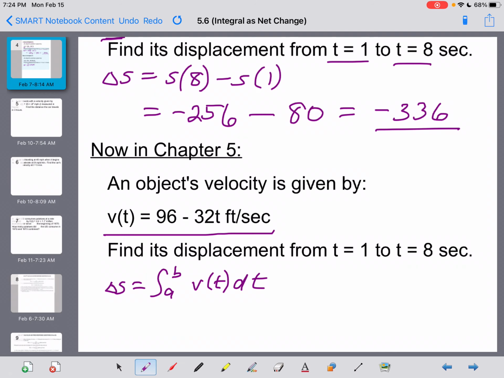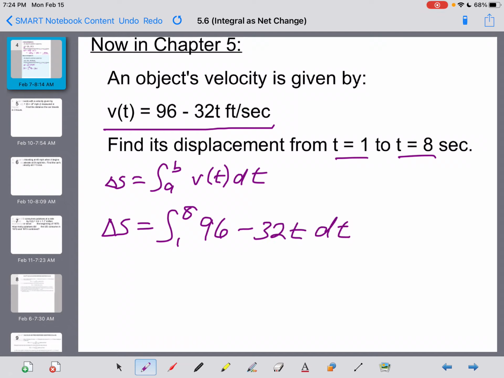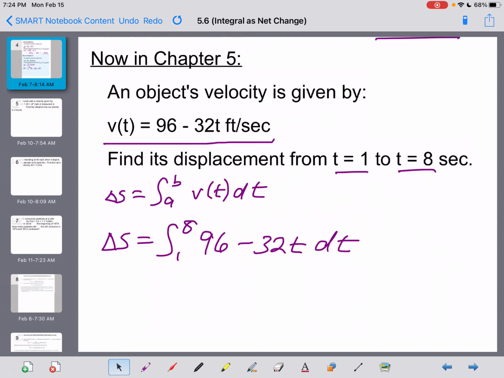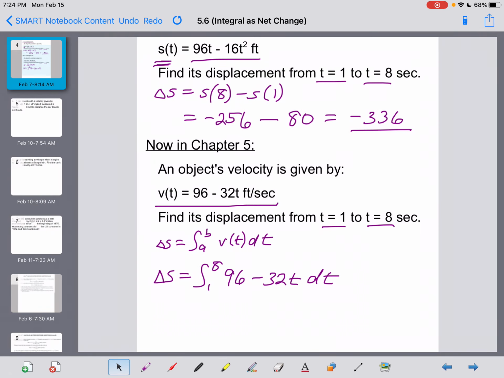And so, where are we, everybody? Let me slide this up just a little bit. So our displacement is going to be a definite integral from 1 to 8, so 1's our lower limit, 8 is our upper limit, and our velocity function now is 96 minus 32t dt. By the way, let me just say, this is the same function I'm giving you here, and I don't know if you noticed that.